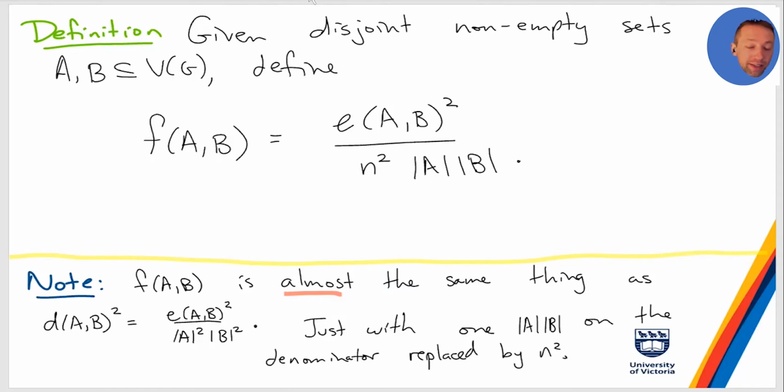In some sense, it'll measure how good a partition is in terms of epsilon regularity. And we'll show that as we do this refining process, this function increases by an amount that we can quantify.